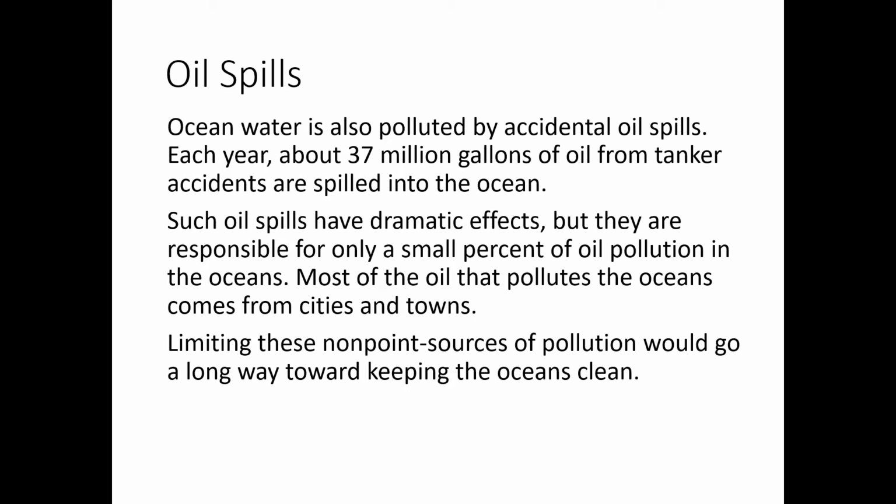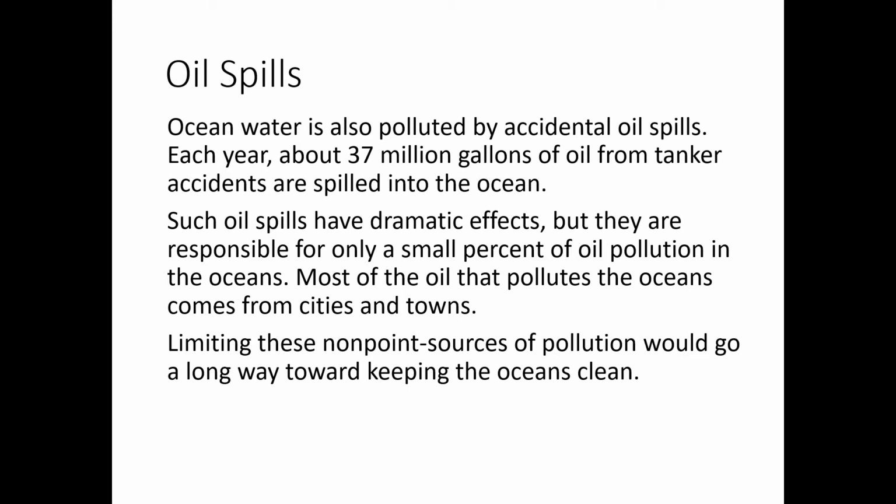Okay, so as we talked about, when we think about oil contaminating the ocean, most of that oil doesn't come from oil spills from oil tankers. It actually comes from oil being washed into the ocean from the cities and towns that are right along the coast. Even an area like Houston, a big city, technically contaminates the ocean because a lot of oil can run off from the mainland and get into the ocean.